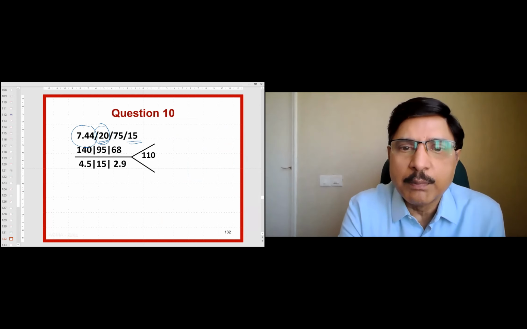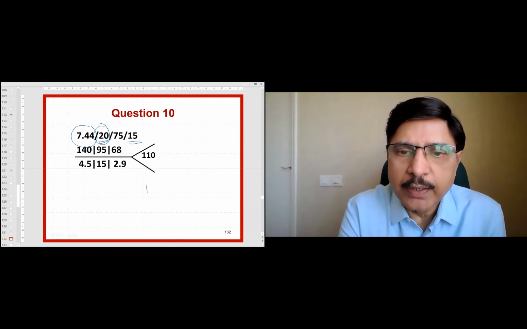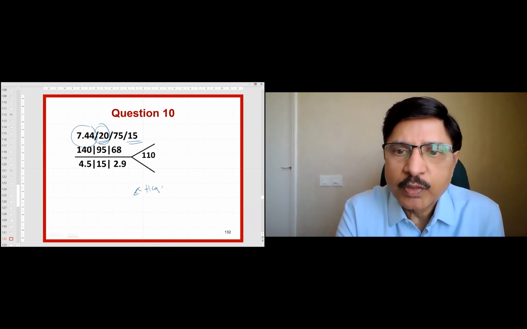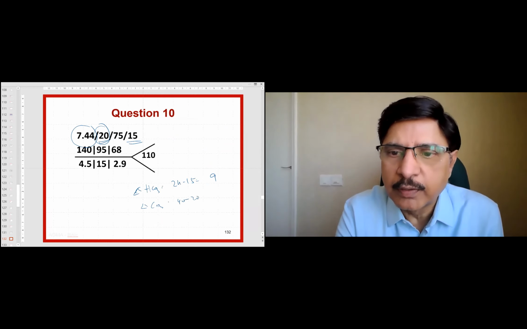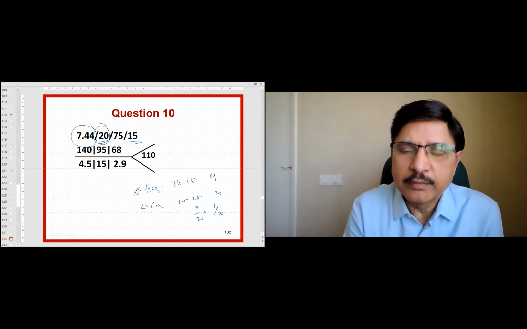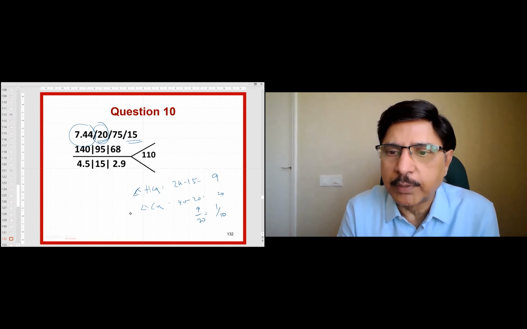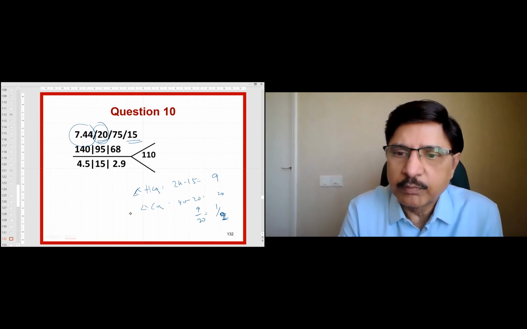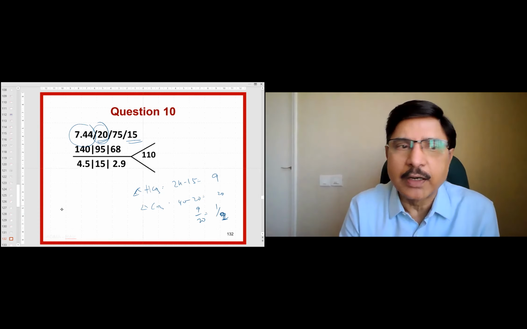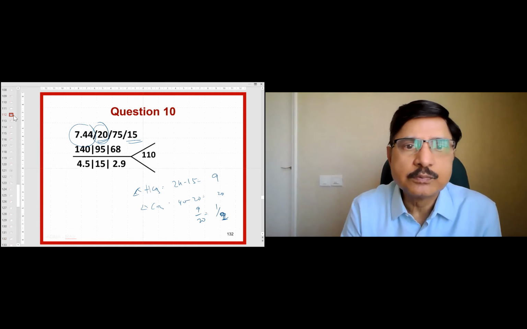Let us look at the compensation. My delta bicarbonate is 9, sir. 24 minus 15 is equal to 9. Carbon dioxide is 40 minus 20, which is equal to 20. So 9 by 20 is equal to, sorry, 10 by 20, which is equal to 1 by 2.